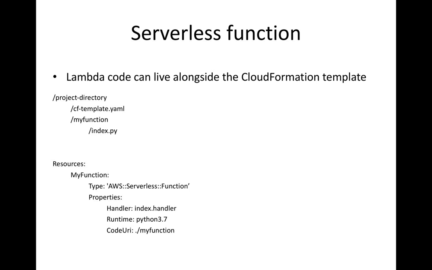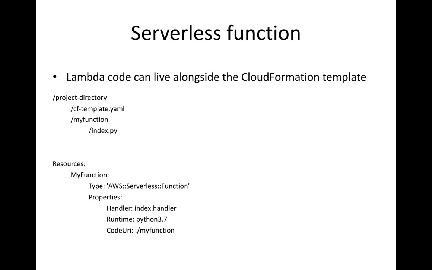One of the cool things about the CloudFormation SAM templates is that you can basically store the template alongside Lambda function code. And you can reference the location of your Lambda function code within the template.